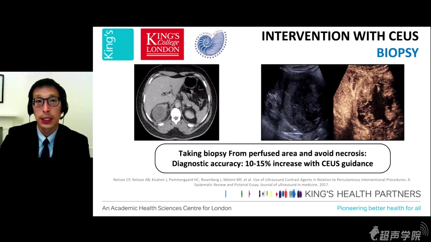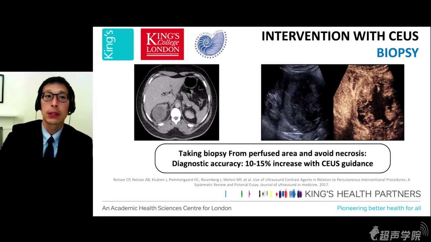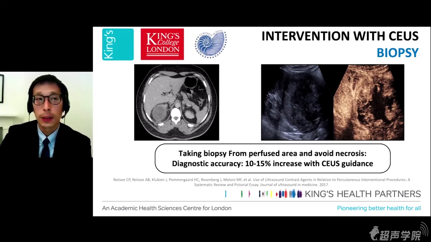By applying the contrast enhanced ultrasound, we can target our needle to the vascularized, viable portion of the tumor and get the accurate histology from the biopsy procedure. From the literature of biopsies for various organs and tumors, by using contrast enhanced ultrasound, it potentially could increase your diagnostic accuracy by 10 to 15%.